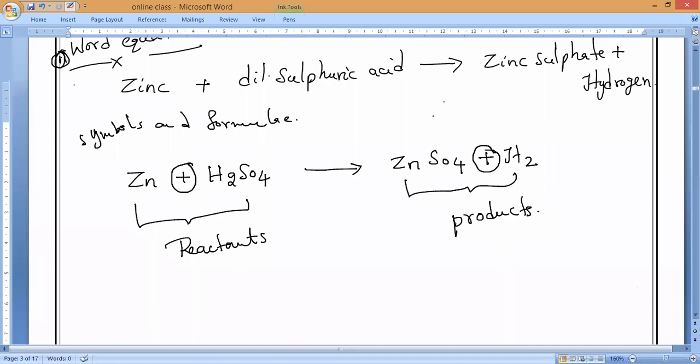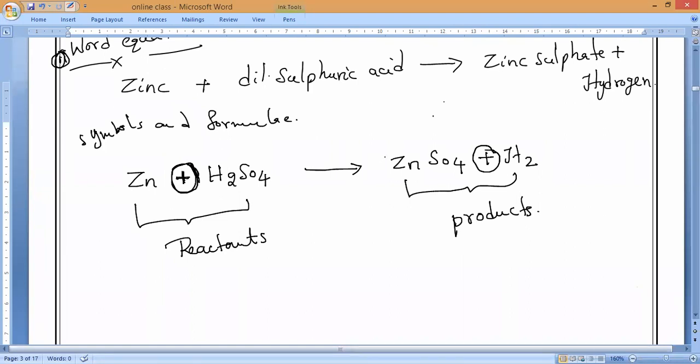We will write the compounds of the reactants and products. Reactants we put on one side, before the arrow, and the products we write after the arrow. If more than one reactant is there, we combine them with a plus sign between them, and products also the same.